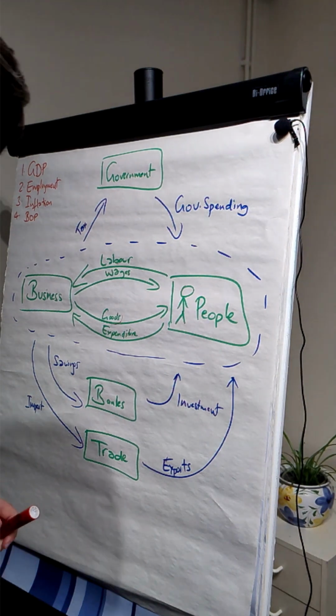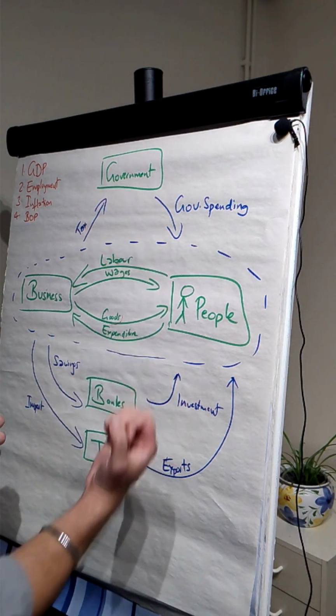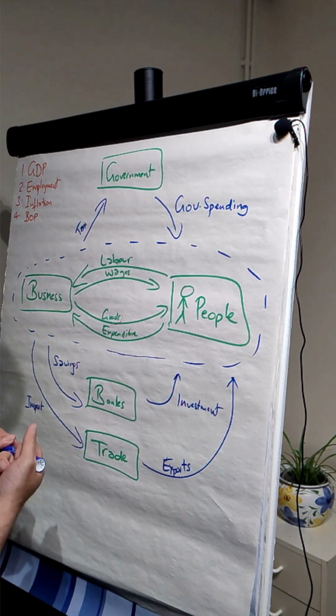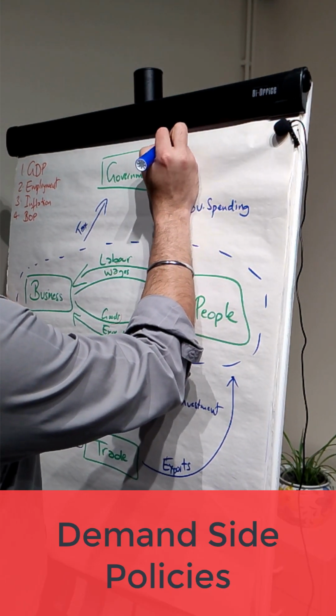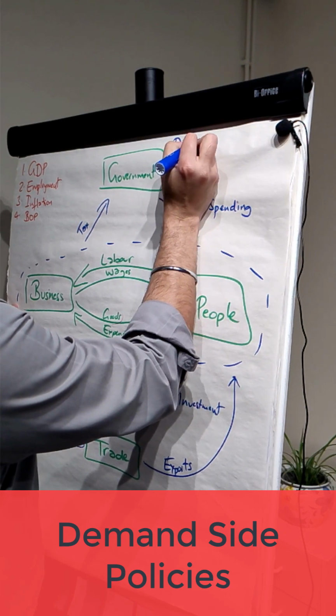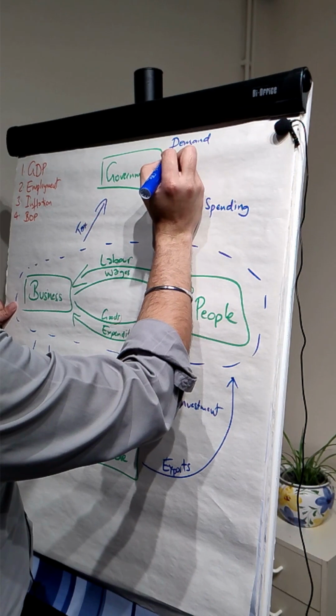Government then has lots of levers it can play around with to stimulate economy or to control the economy, contract the economy. And what are those levers? They're called demand side policies and supply side policies. Let's talk about demand side policies. What are they?